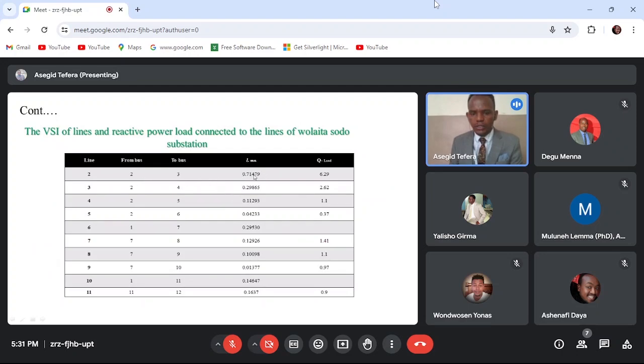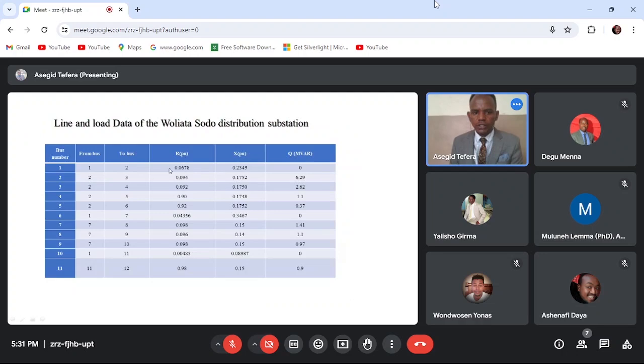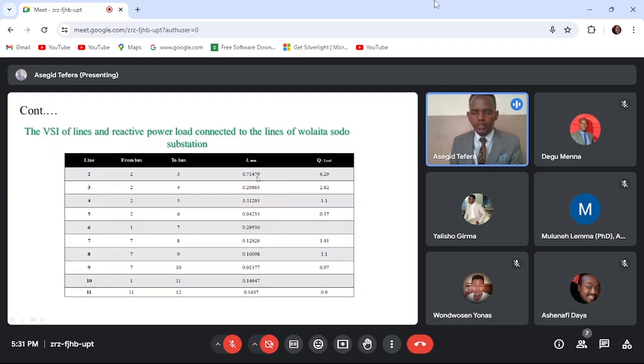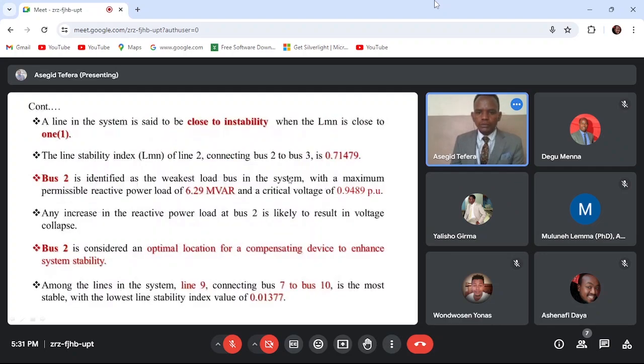This data 0.714 is the element, but this is a calculated data. We take the data from this, use the line 2 data, and calculate here. We get 0.7414, so it indicates bus 2 as the weak load bus. Any increase in the reactive power load at bus 2 is likely to result in voltage collapse or instability.